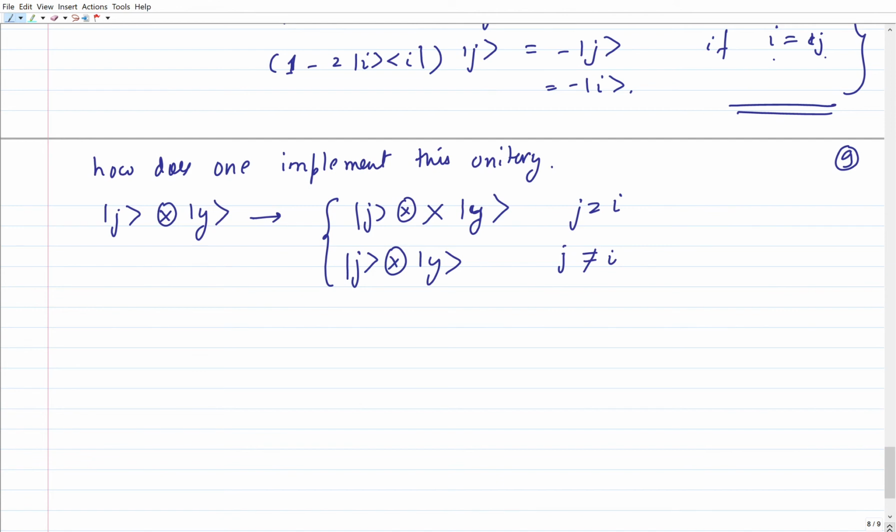So now, let's say this is J, this is Y, and I'll have a control operation, and that control will be on some I, the solution.